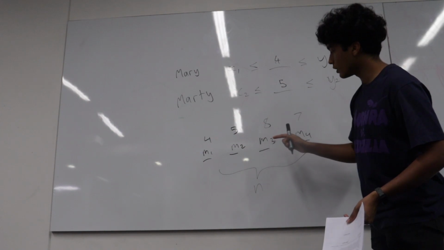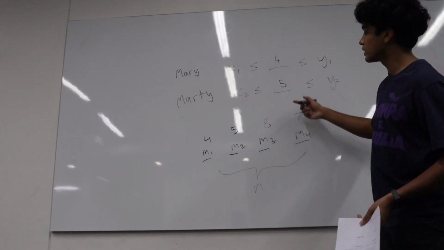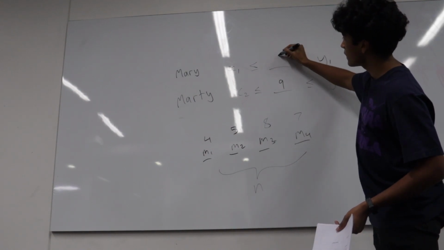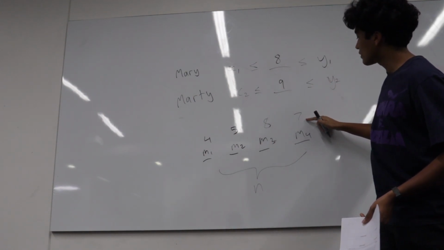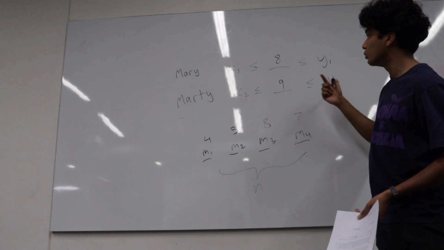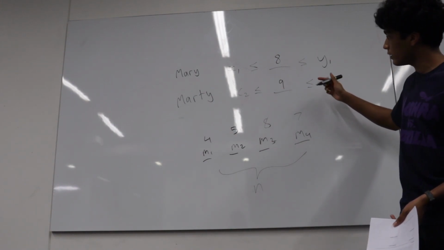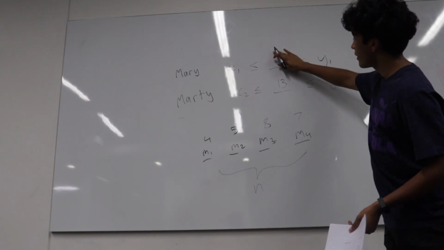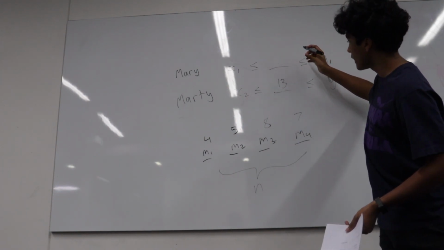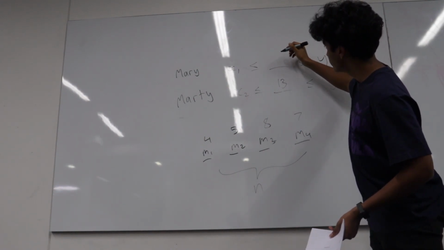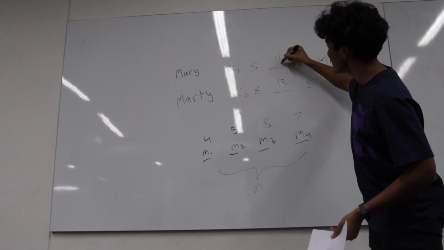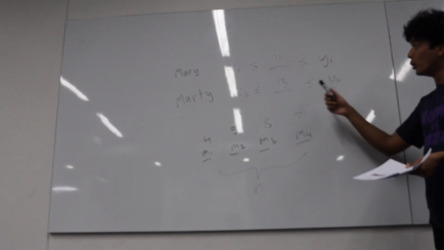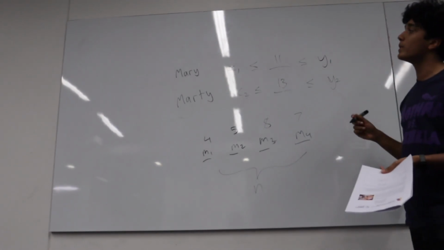Out of the first 3, we have to split this equally, so they'll each get 4 extra. So this is 9, and this is 8. And out of the last one, I'll give Marty the extra one again. So Marty will get 4, so he gets 13, and Mary will get... what was that? 11? Okay, oops, yeah. So this is the most that Marty can possibly get, and this is the minimum that Mary can get.